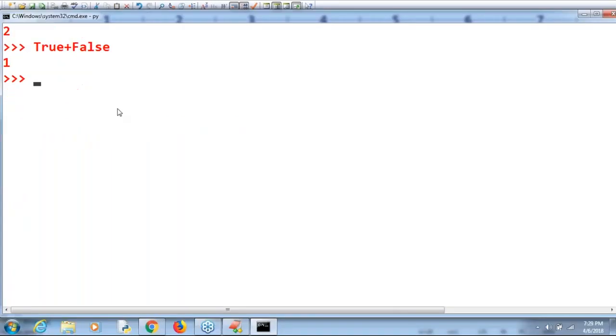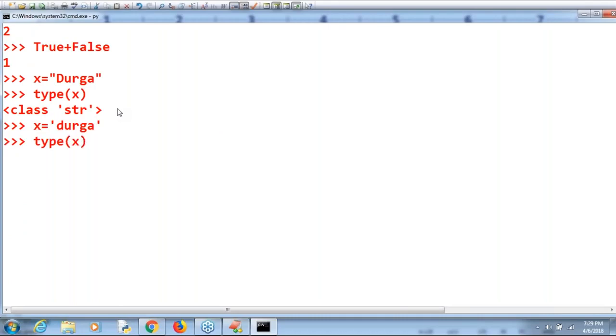Now observe, x is equal to Durga. Now, what is the type of x? It is nothing but str, sir. Class str.